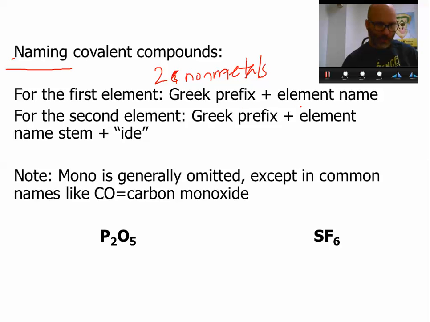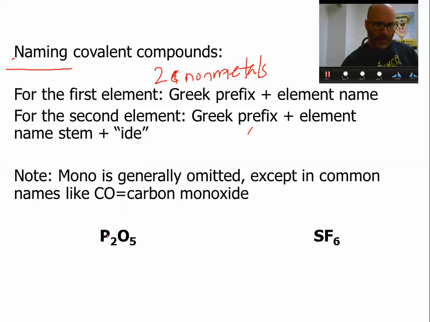The second element gets a Greek prefix, and you take the stem of the element name, like oxygen becomes ox, plus an IDE ending. Mono is generally omitted except for the second element.